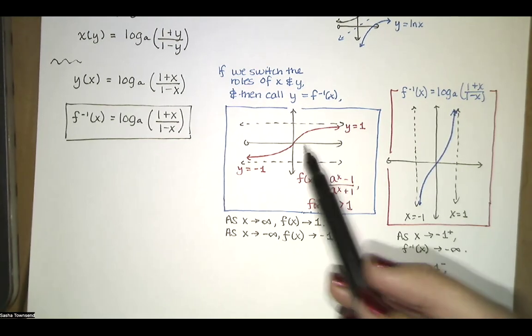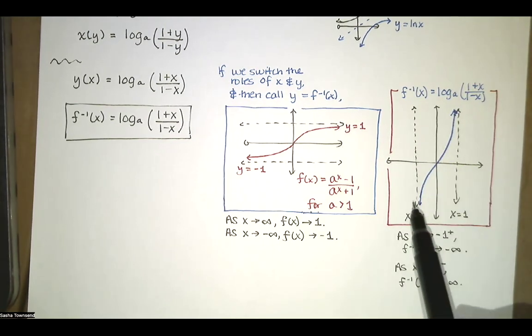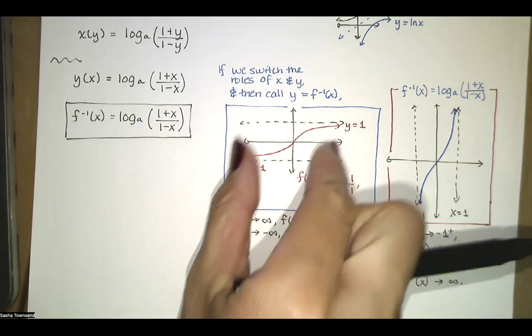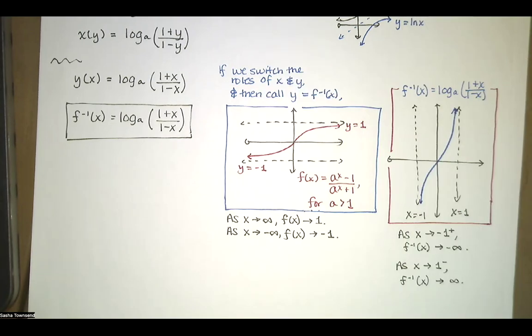I think we can see that switching the roles of x and y here gives us a graph that looks roughly like this. So you can almost imagine just taking this graph and then turning it this way, but then you have to reflect it. You have to do a reflection in order to make it look like this. Does that make sense? I hope it makes sense.